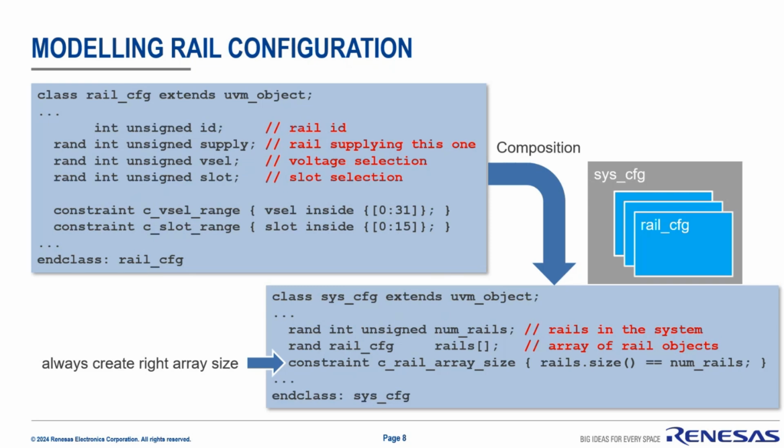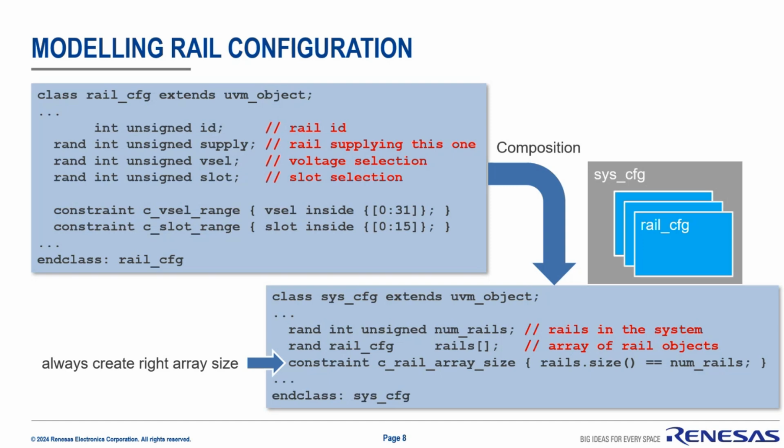So we have that rail configuration, but for our system, we've got 6 rails in it. So we then create a class, which is another UVM object, in which we simply instantiate a dynamic array of rails. Well, we know in this example we need 6, but we could make it completely dynamic. We have another number in here, which again is random, which specifies the number of rails. So we would constrain that to be 6 in this particular example.